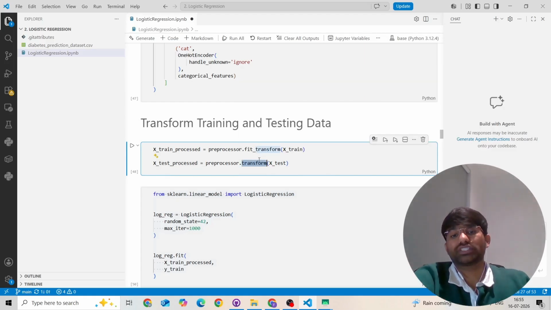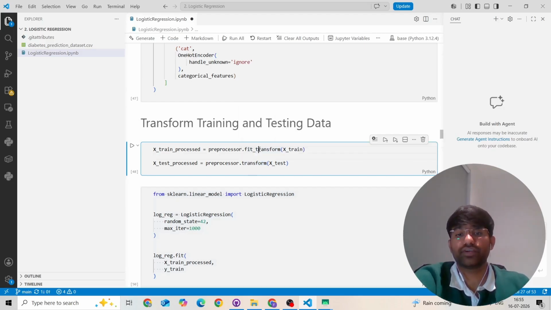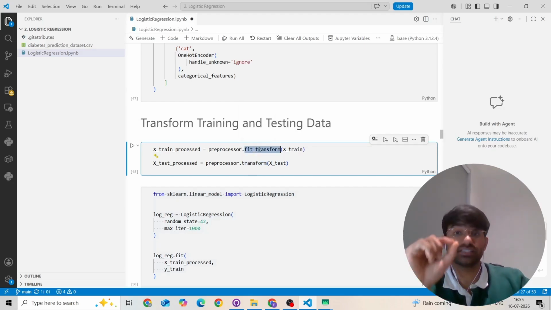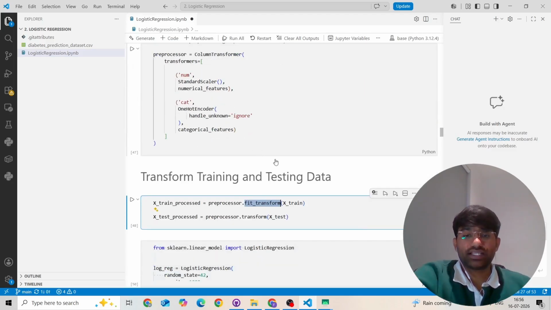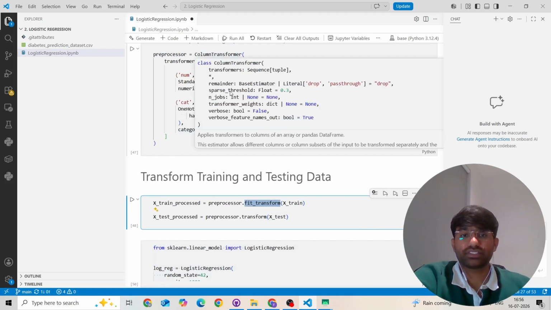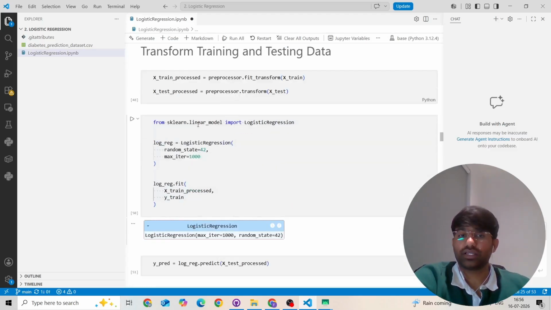Here the mean is equal to 0 and standard deviation equal to 1. We have to scale the values. So the numerical features of our X train and X test data will be scaled, and categorical columns will be converted to one hot encoding.